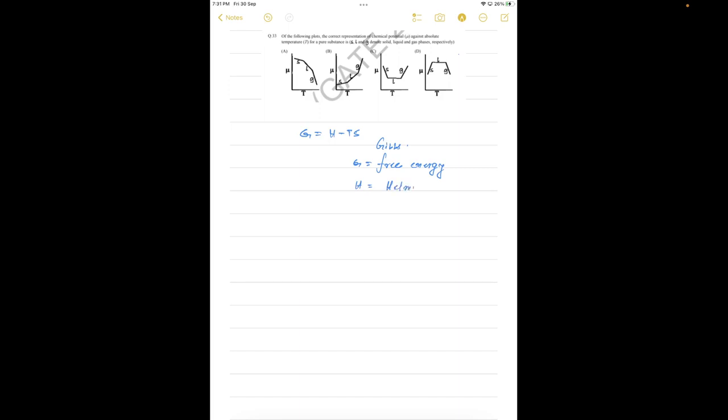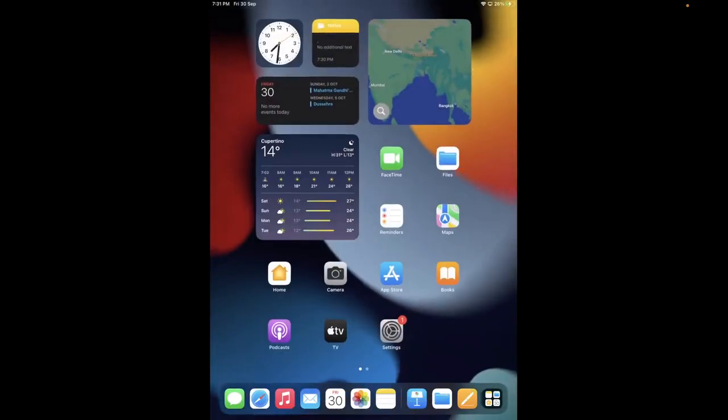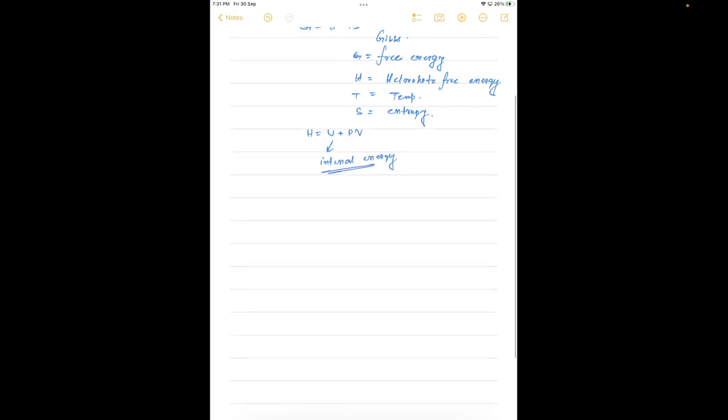Now H equal to U plus PV, where U is the internal energy, P is the pressure, and V is the volume. So in general, G equal to U plus PV minus TS.